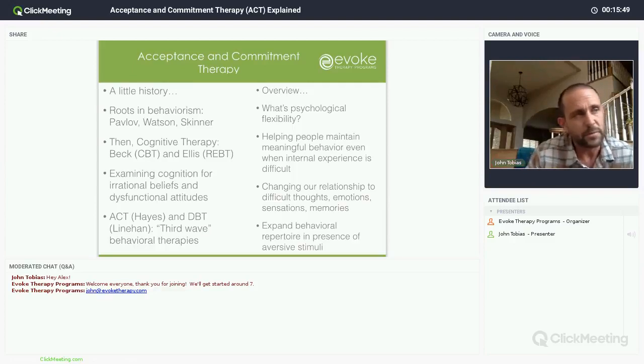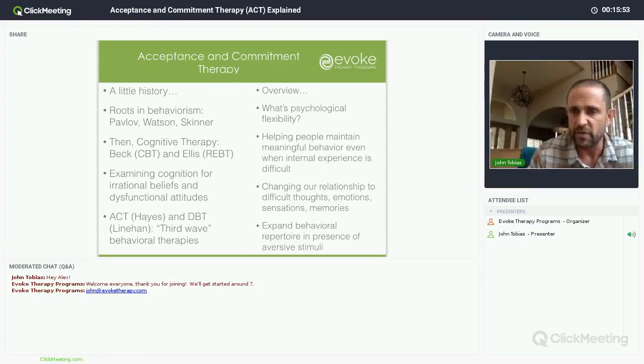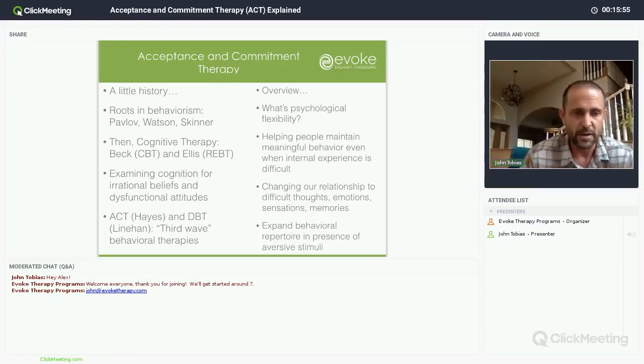And then in the 1960s, the second wave of behavioral therapy came on the scene, and cognitive behavior therapy is considered a second wave behavioral therapy. Also, Albert Ellis's rational emotive behavior therapy is also considered a second wave behavior therapy.